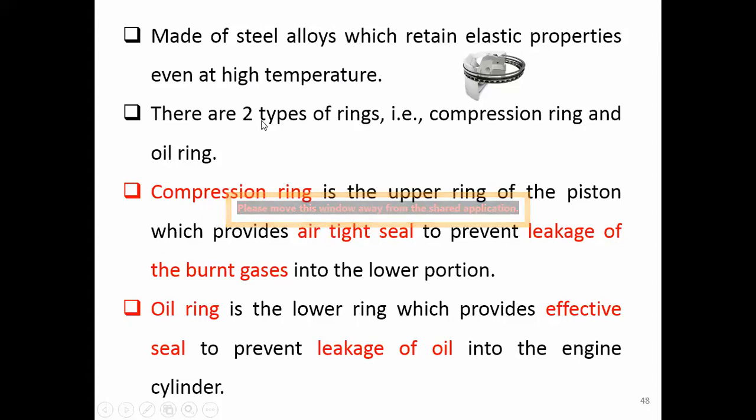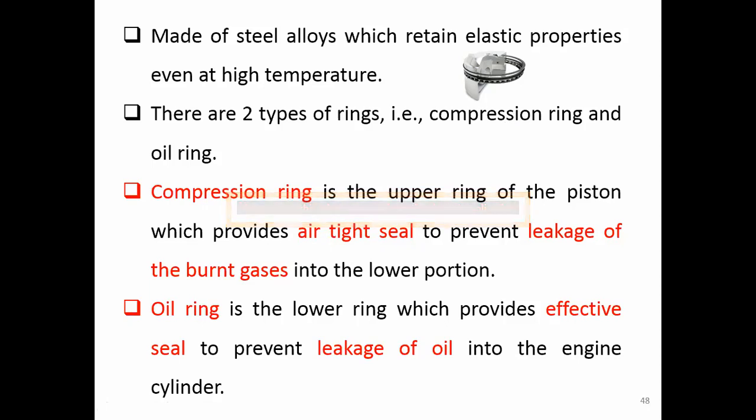Okay, there are two types of rings, and then you will know why it has to retain the elastic property. The first one is the compression ring. The second one is the oil ring. The compression ring's function is to ensure that we always have an airtight seal inside the cylinder.